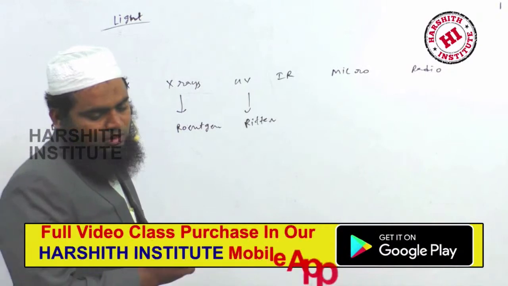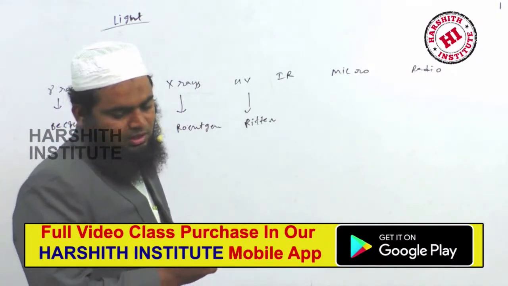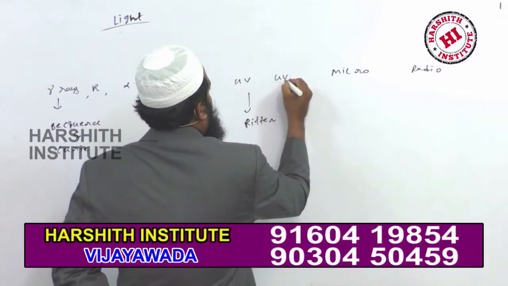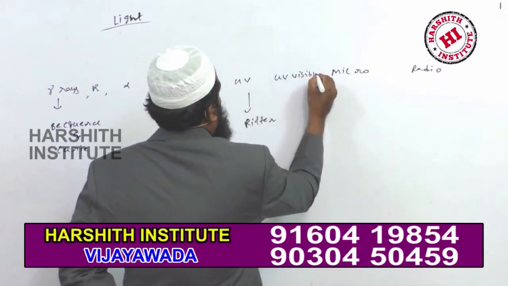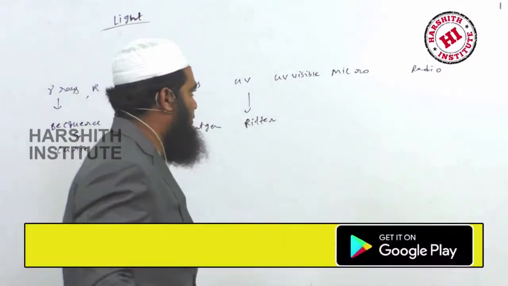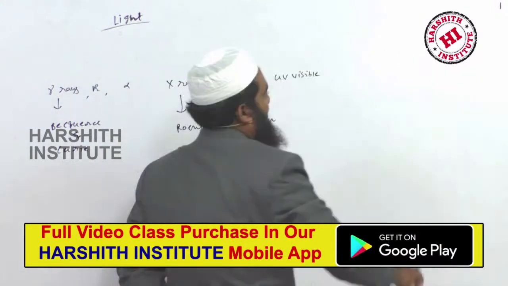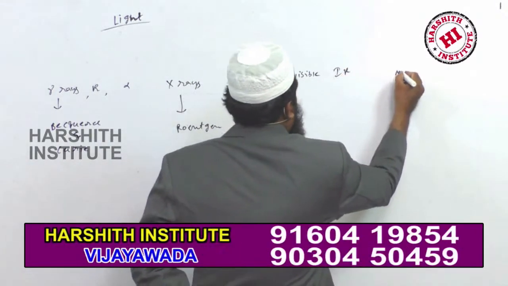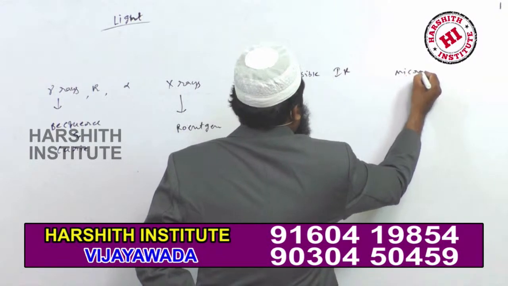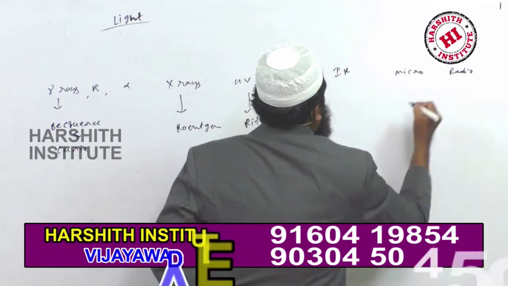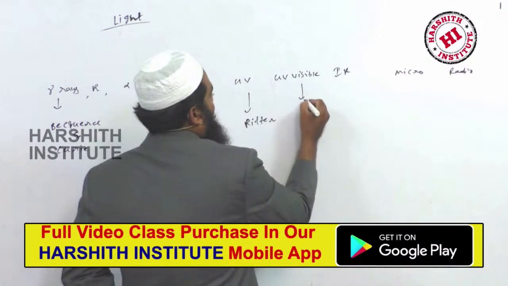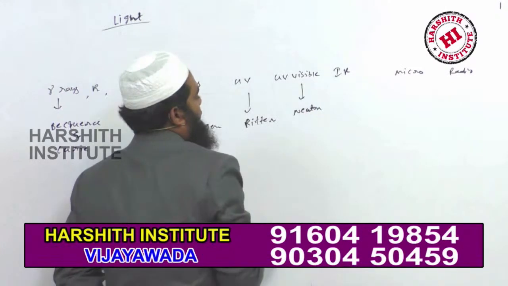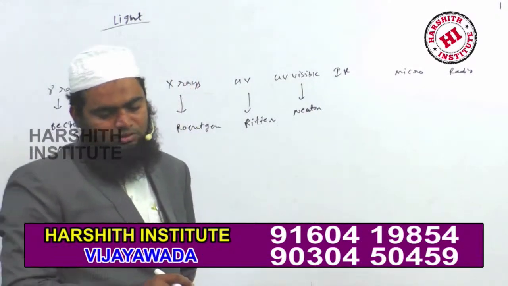Now also UV visible, like IR rays, microwaves and radio waves. Visible light was discovered by Newton.